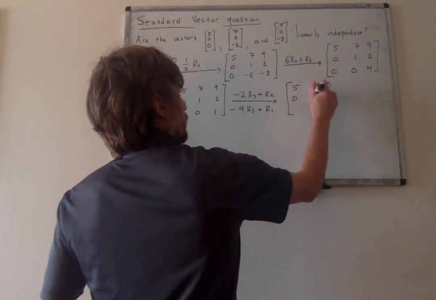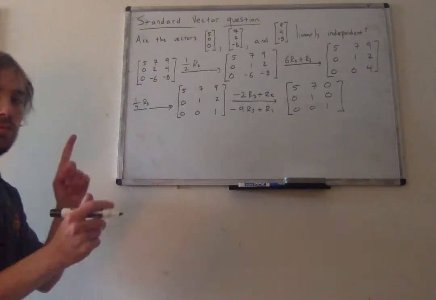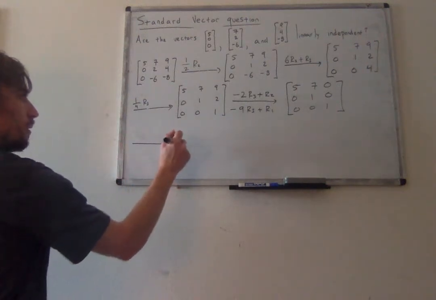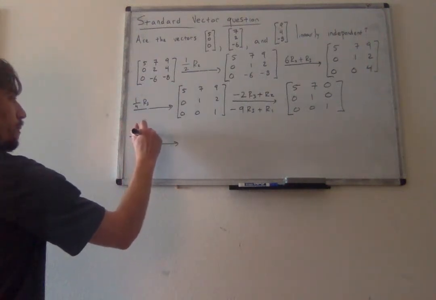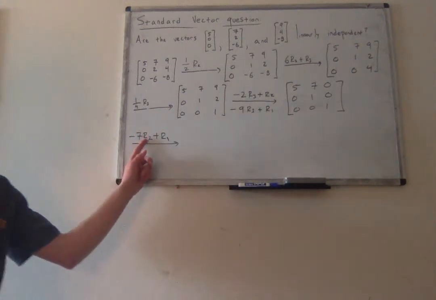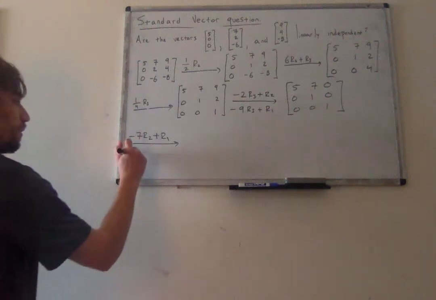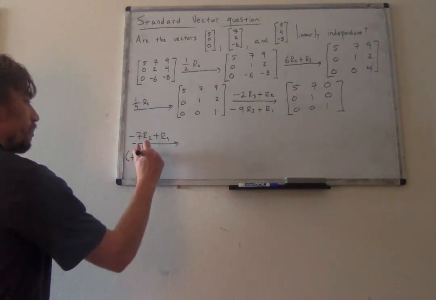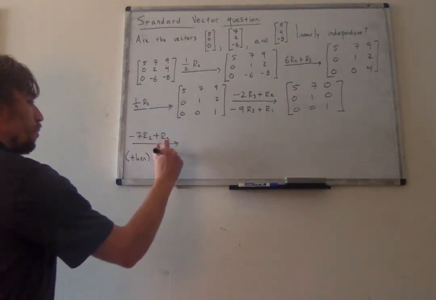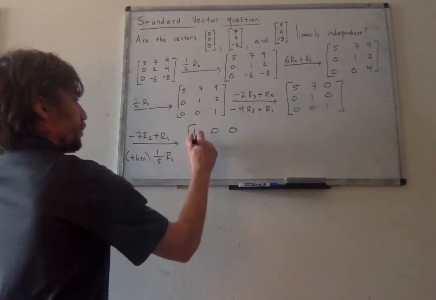Then we only have two more steps remaining, but I'll do them at the same time. So negative 7 row 2 plus row 1. Notice that this step gets rid of that 7, and so I just have a 5 left. After that, I'm going to do 1/5 row 1, and we get the following row-reduced matrix.